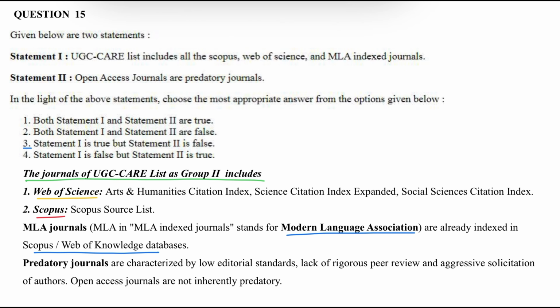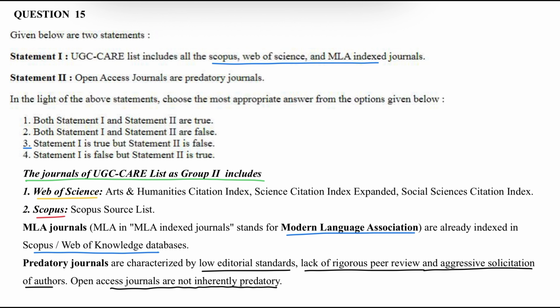Predatory journals are characterized by low editorial standards, lack of rigorous peer review, and aggressive solicitation of authors. Open access journals are not inherently predatory. So statement 1 is correct. UGC CARE list include all the Scopus, Web of Science and MLA indexed journals. Open access journals are not predatory. Statement 1 is correct. Statement 2 is false. Correct answer option 3.